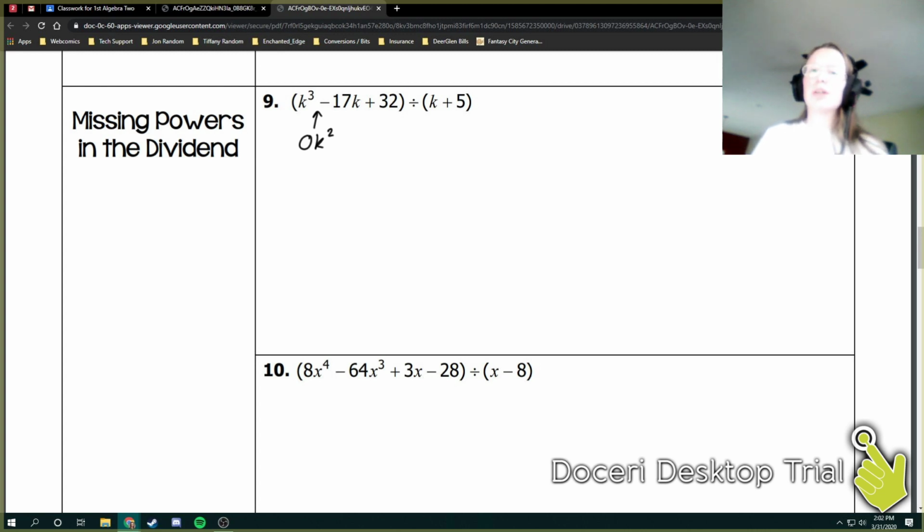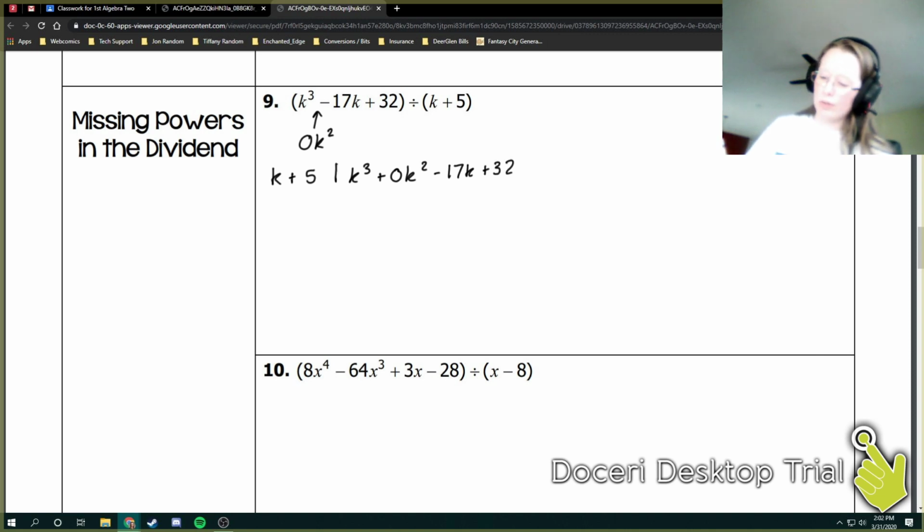So we still want to write it in. We want to make sure we have every power represented. So k plus 5, k cubed plus 0k squared minus 17k plus 32.